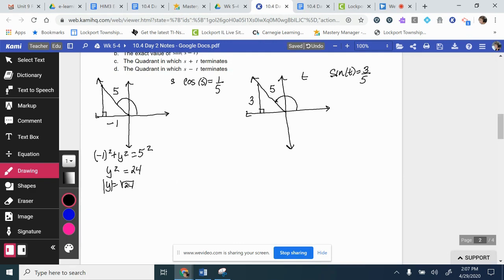Because this has got to be positive in this quadrant. y is 2 root 6. And so now we can conclude that the sine of s is 2 root 6 over 5.